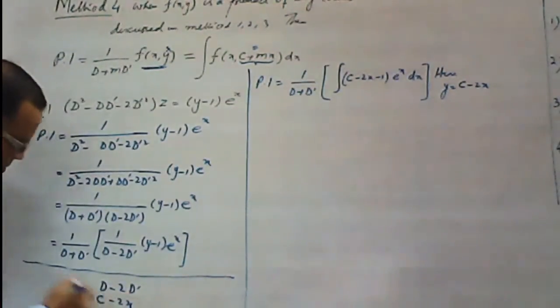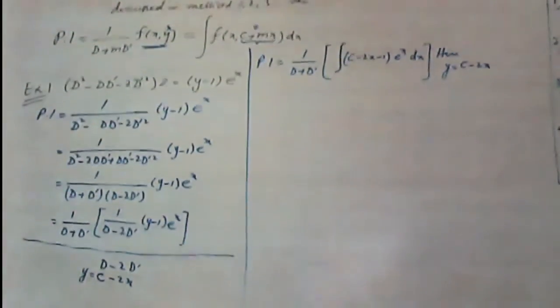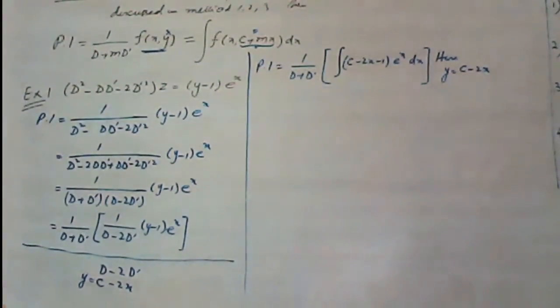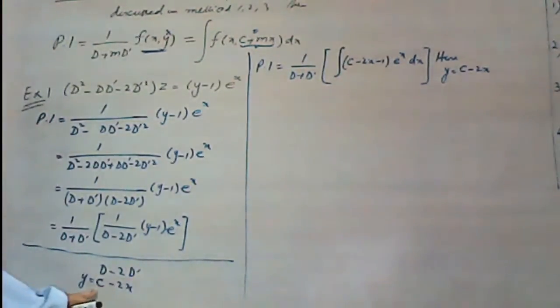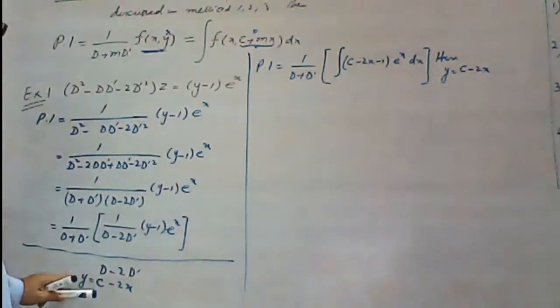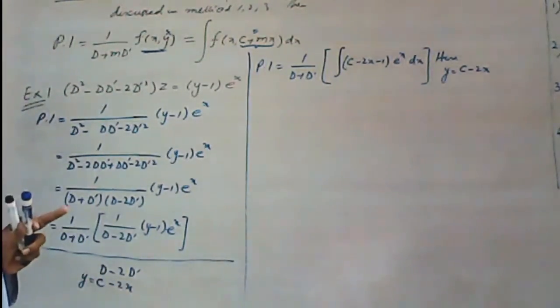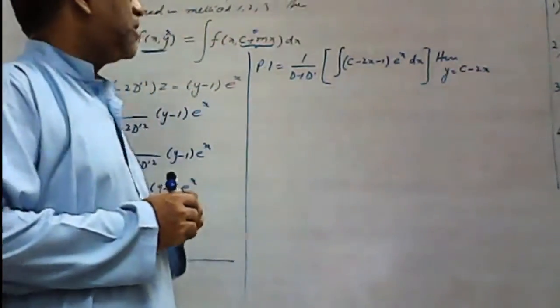This will be the substitution of y. Write c instead of d and x in place of d dash, and this will become the value of y for this case. But there is no need to show how you conclude this term. Just write in this way. Here y is equal to c minus 2x.